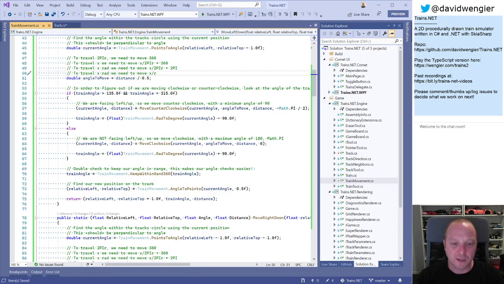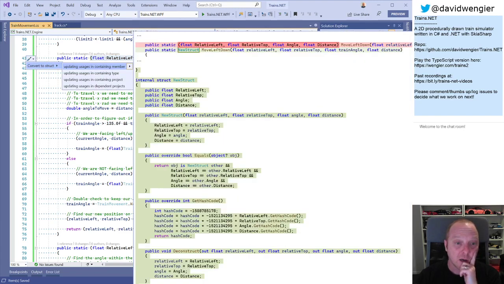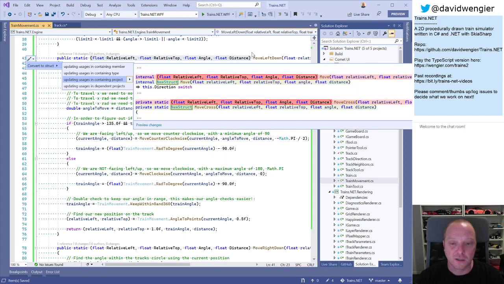So they all get the current angle. They all take... Oh, and then we've got this tuple here, which I kind of want to convert to a class. Convert to struct. Ooh, convert to struct in containing project. Oh, nice.